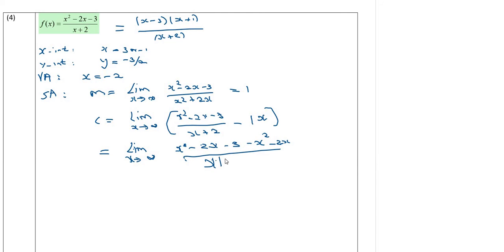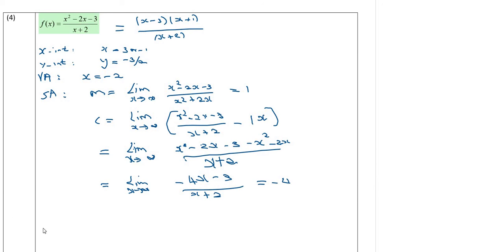Once again, the square term is going to fall away, and it's the limit where x approaches infinity of minus 2x and minus 2x, which is minus 4x, and we have minus 3, over x plus 2. So this gives minus 4.